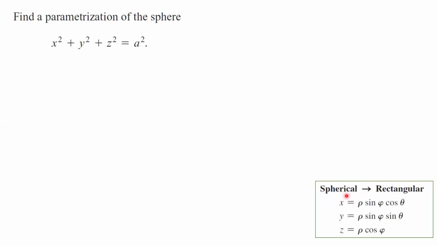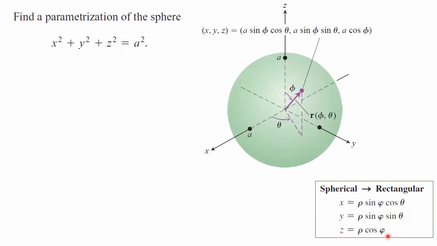Remember that in triple integrals, we learned how to convert spherical coordinates into rectangular coordinates using x, y, z, rho, phi, and theta. x is rho sine phi cosine theta, y is rho sine phi sine theta, and z is rho cosine phi. You're going to use these and the ones that you learned before.